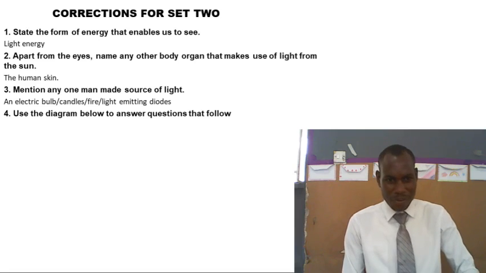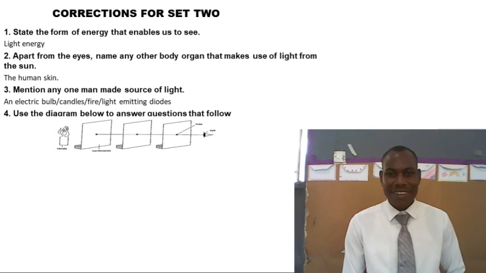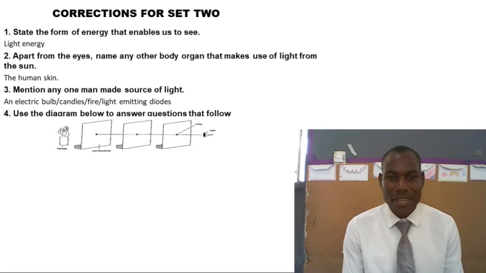Take note of that diagram very well, dear candidates. It is basically an experiment to show that light travels in a straight line. That is how we drew it. And remember, that is a property of light. Light travels in a straight line from the source.